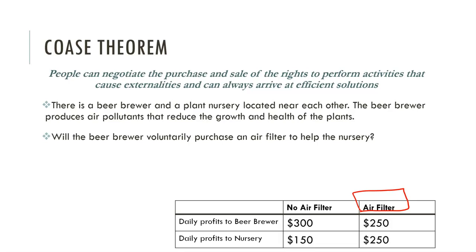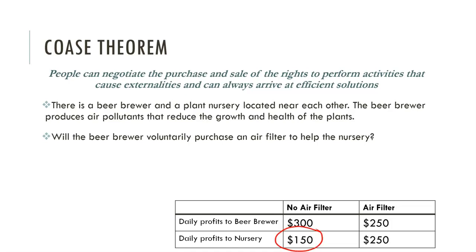So when there's no air filter, the beer factory is going to make $300 a day. And when they do have the air filter, most likely because of the extra cost, they're only going to be making $250 a day. So naturally, they don't want to put on the air filter because it's going to cost them money. They're not going to have as much profit, and maybe potentially they may want to go out of business.